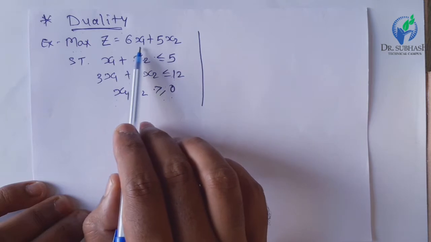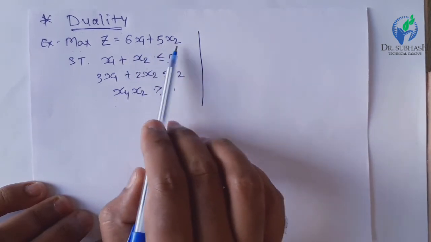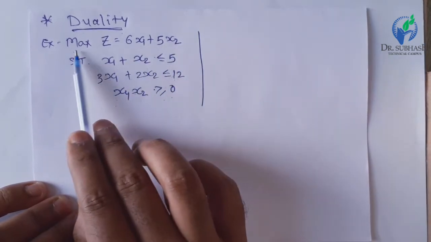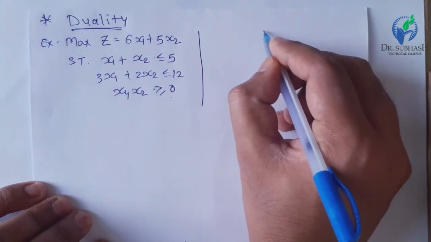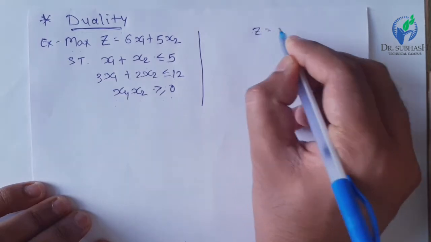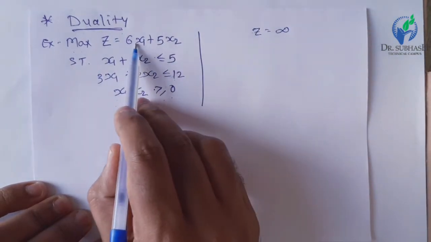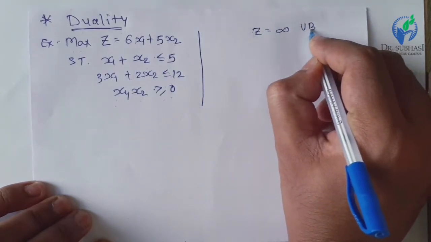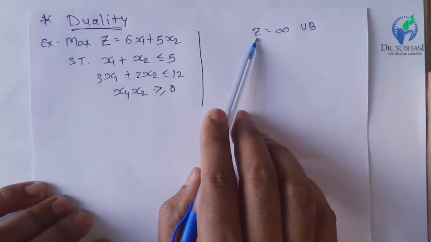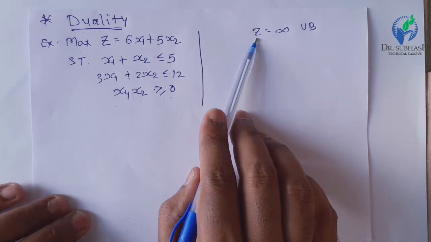Then we can put any value of x1 and x2 and get the value of z, so we can say the value of z is infinite. In this case infinite will be an upper bound, the maximum value for the maximization of z.